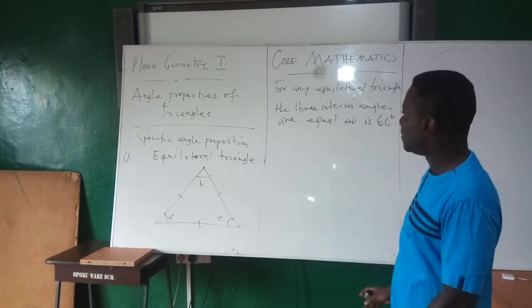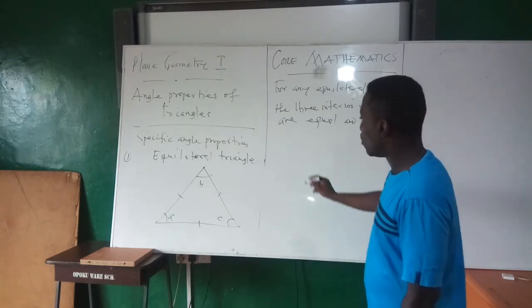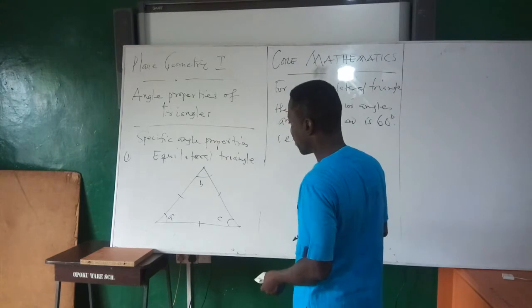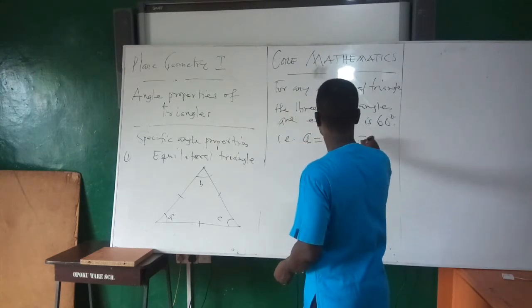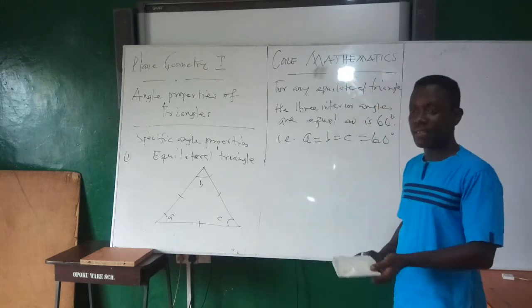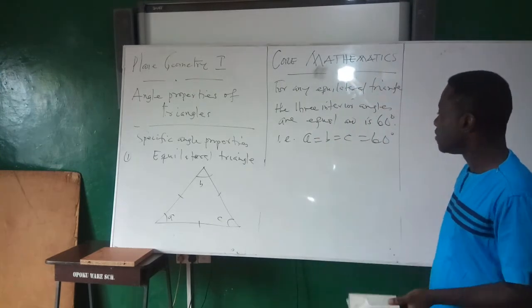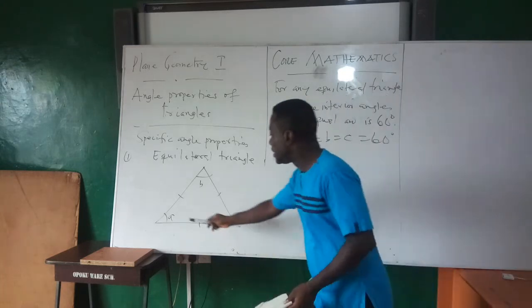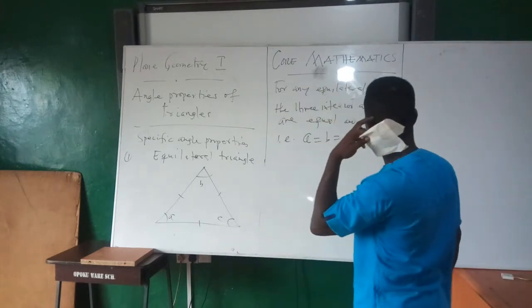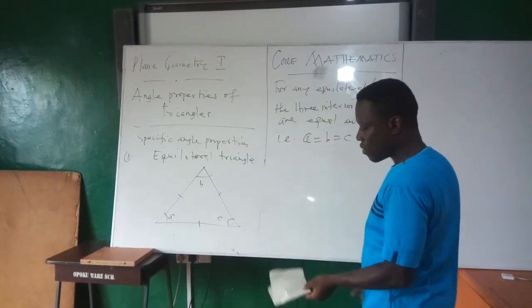So from our diagram, A is equal to B is equal to C and is equal to 60. A is equal to 60, B is equal to 60, and C. For any equilateral triangle, you have to always remember that all the interior angles are equal.